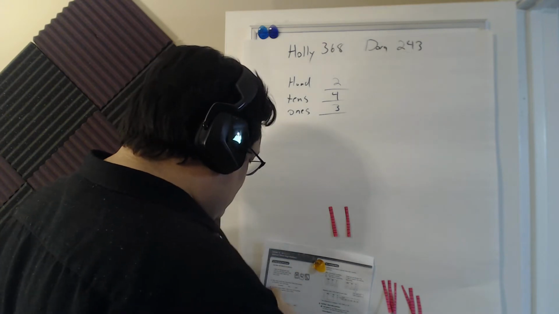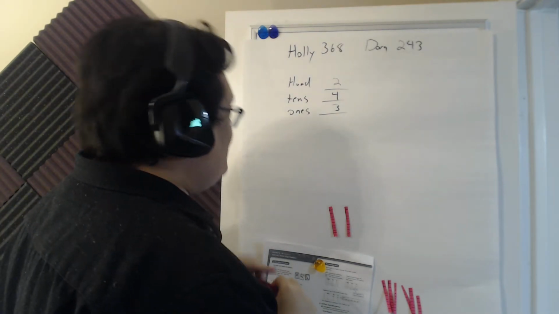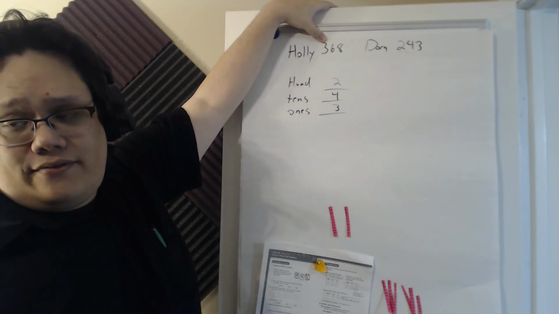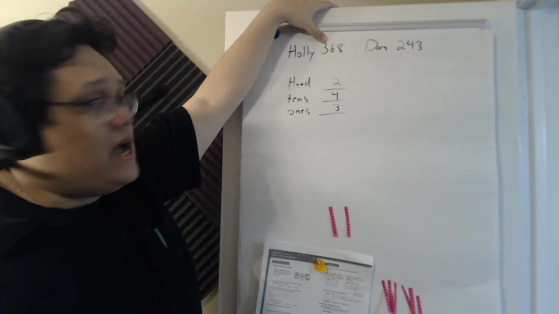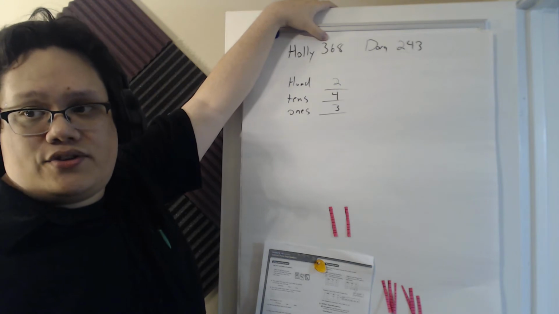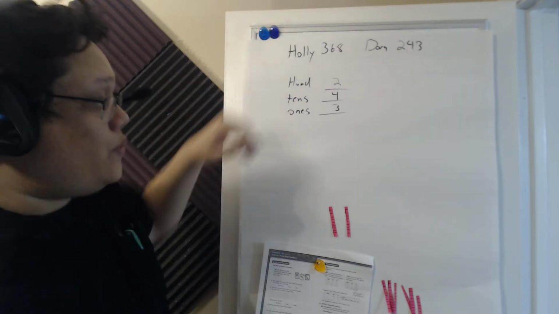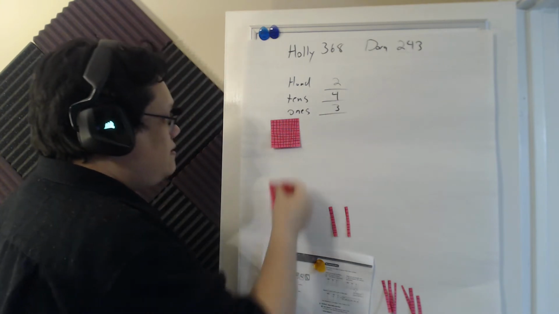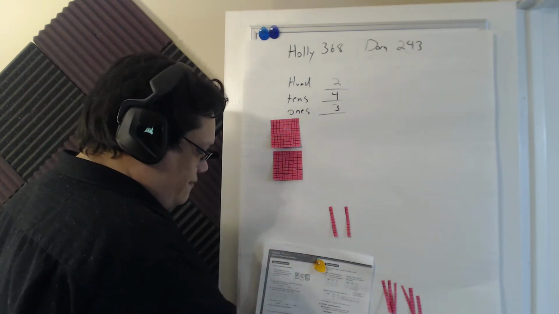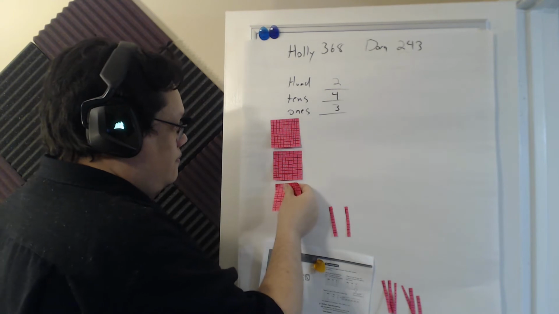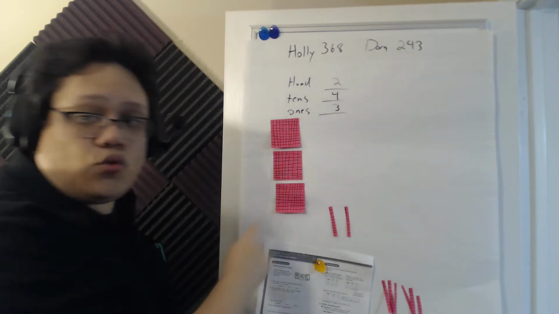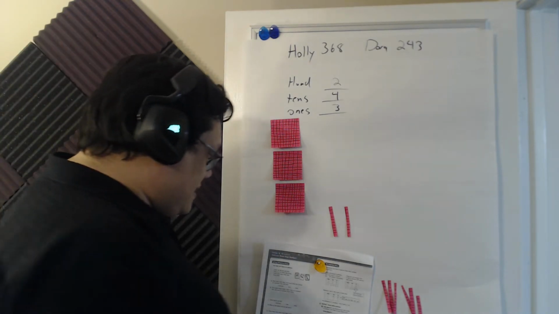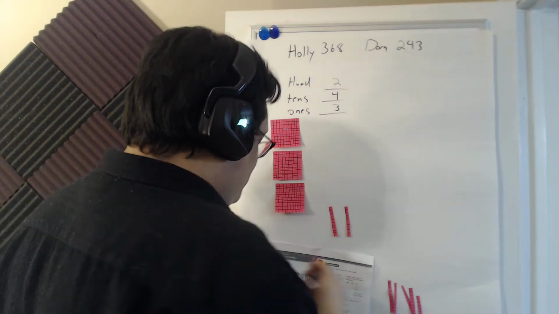Okay, so it says show Holly's cards. How many hundreds does Holly have? What number is in her hundreds position? 3. So she has 3 100s. Then it says how many 10s does she have. Same thing.